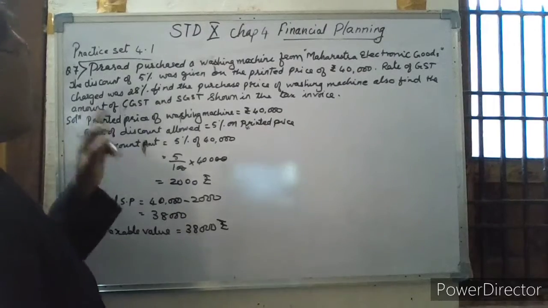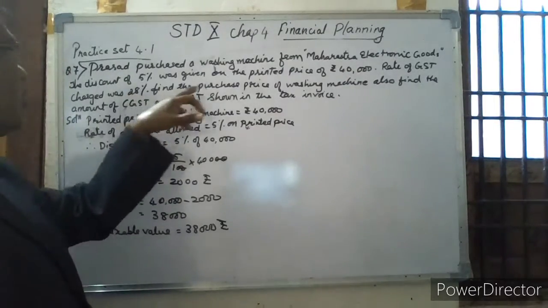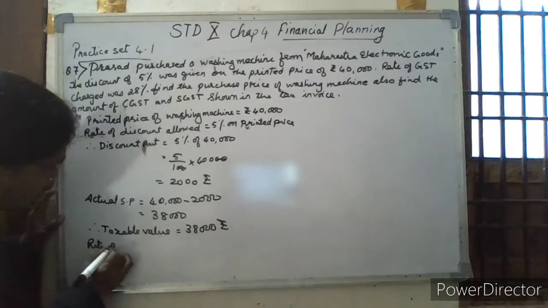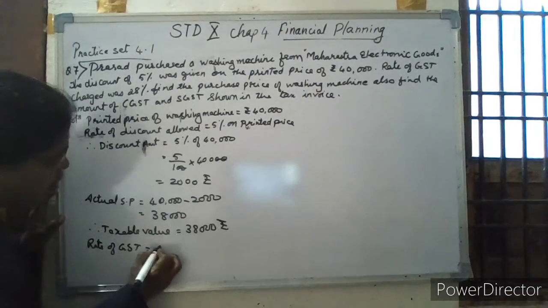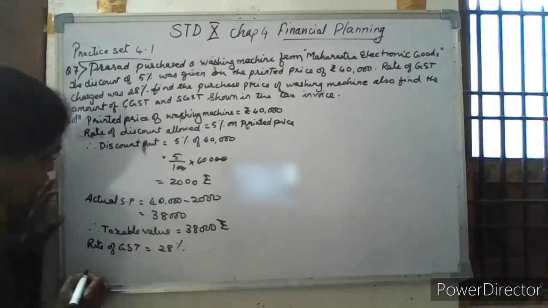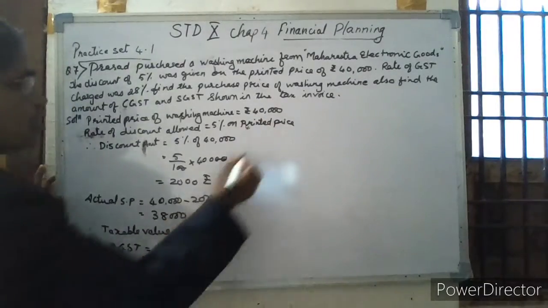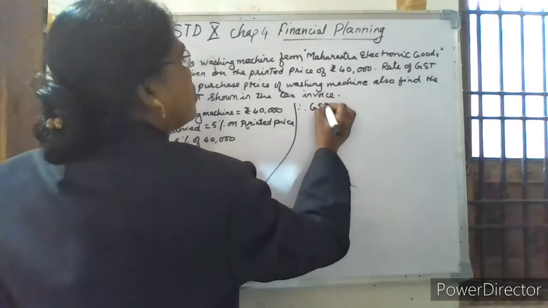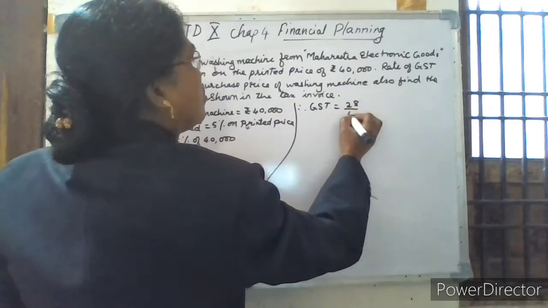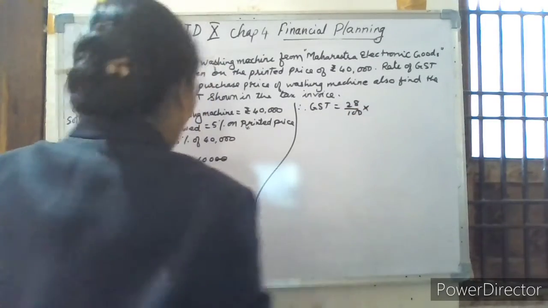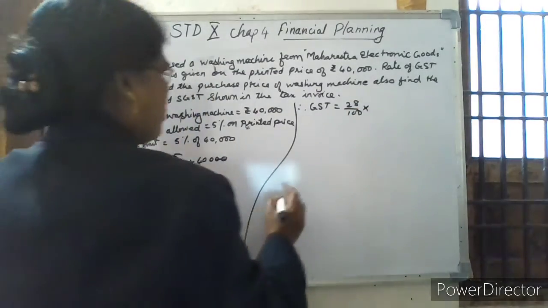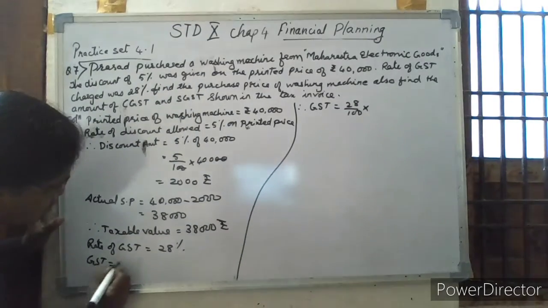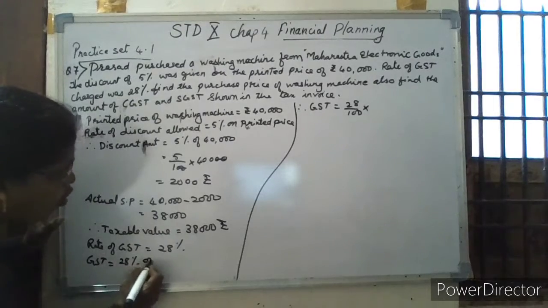On this GST is charged. GST rate is equal to 28%. Therefore, GST is equal to 28% of 38,000.